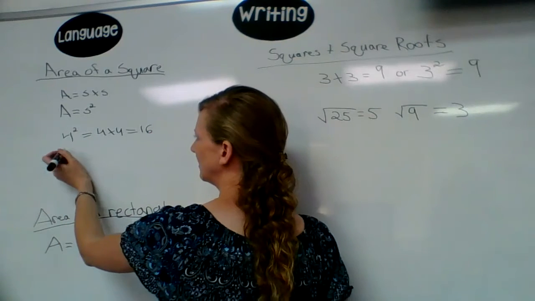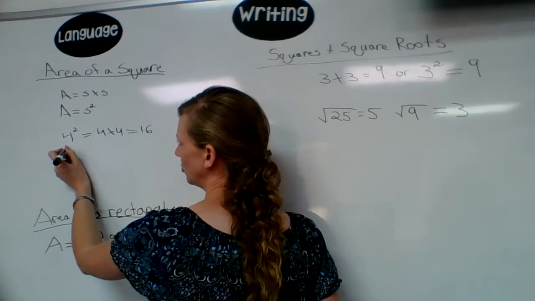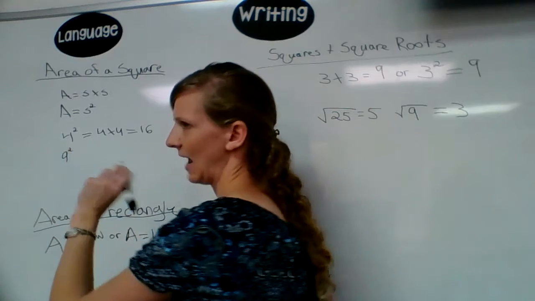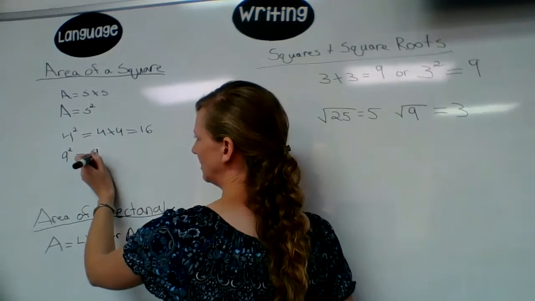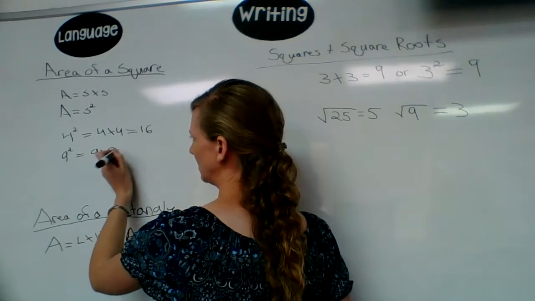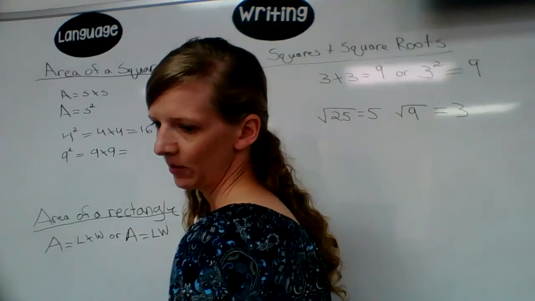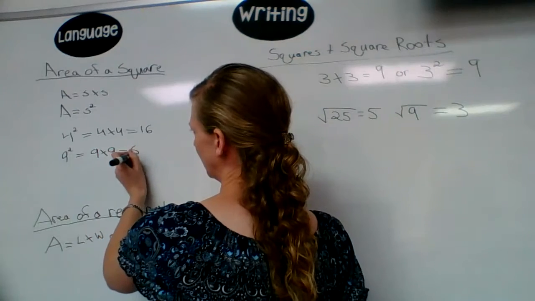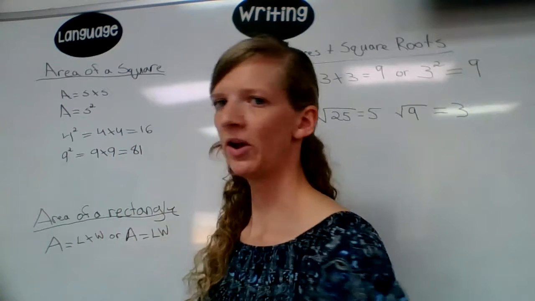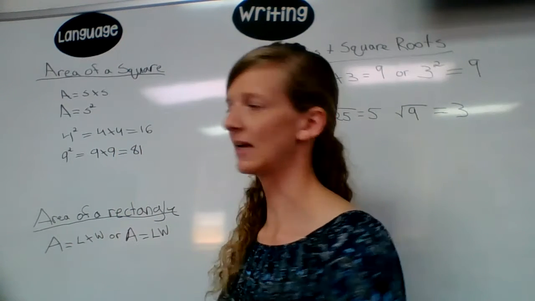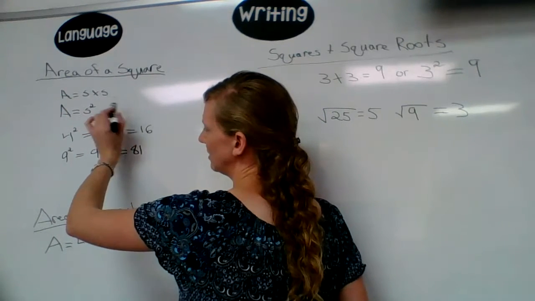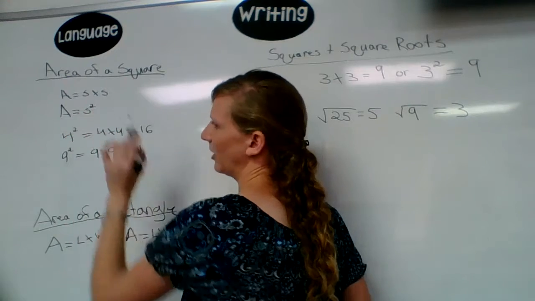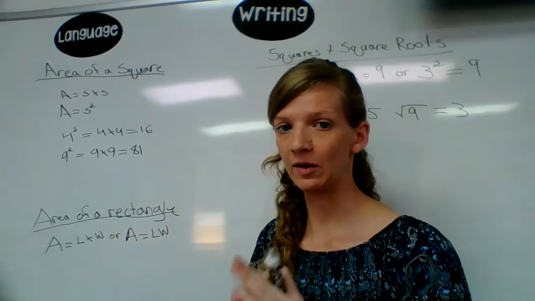If I had 9 with the little 2 to the top right, that means 9 squared. That equals the same as saying 9 times 9. Okay? So 9 squared is the same as saying 9 times 9. That's why for the area of a square, you can do side times side, or you can do side squared, because all the sides of a square are going to be the same.